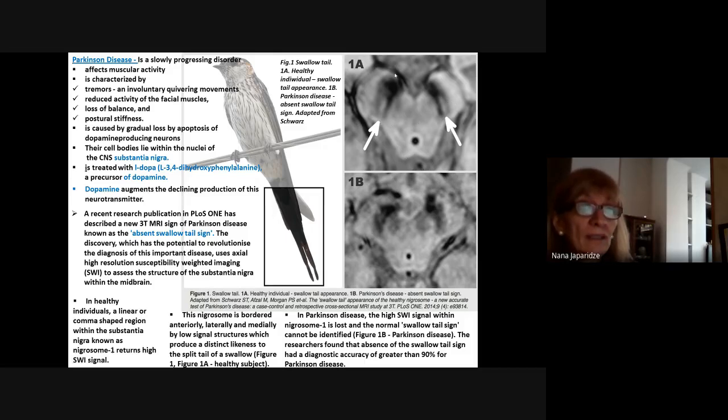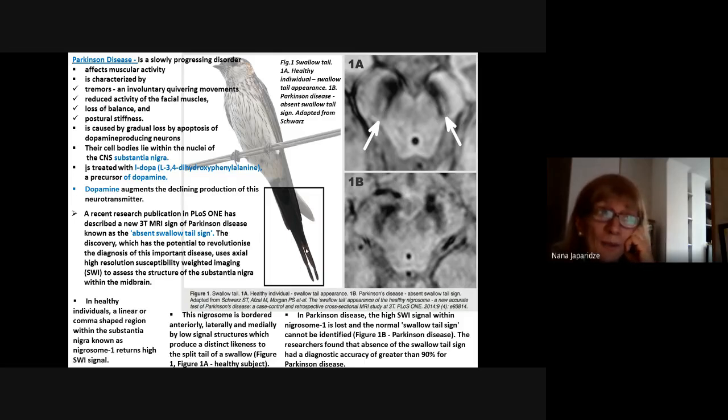So here is the normal substantia nigra, and you see the shape of this nucleus, especially this part, looks like a swallowtail.